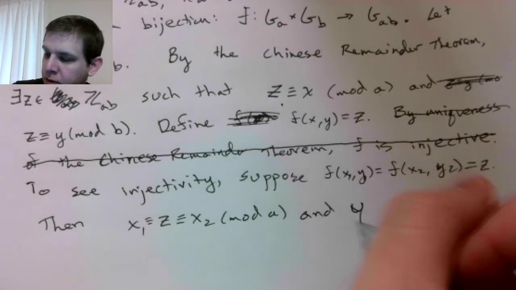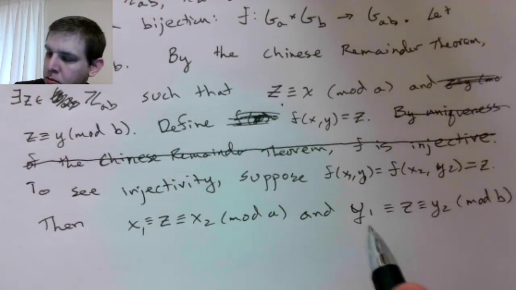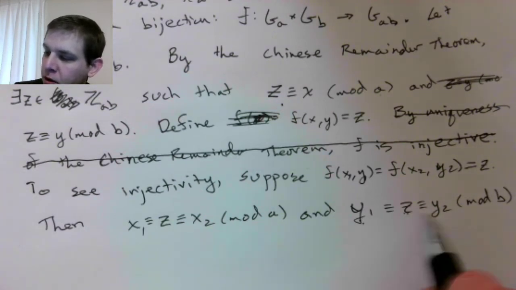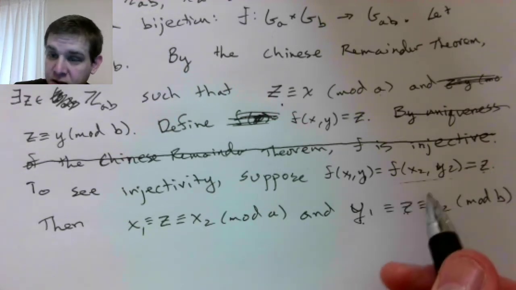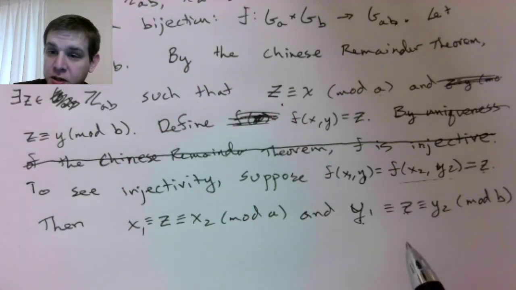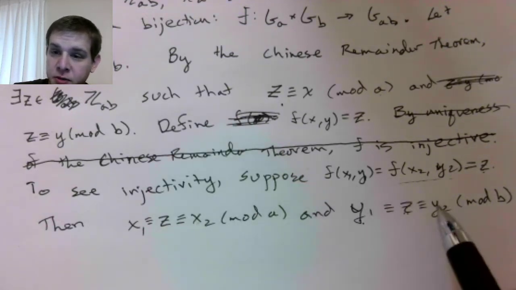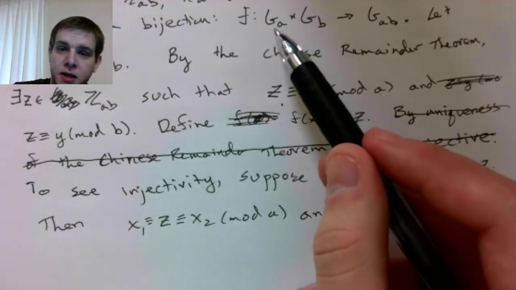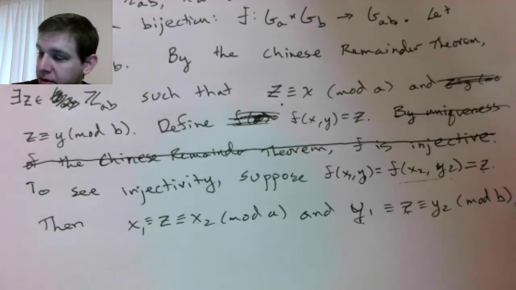And similarly for y1 and y2. z is chosen to be congruent to y1, and also because z was produced from this pair of numbers, it's also congruent to y2. This means that x1 is congruent to x2 and y1 is congruent to y2. So the pair (x, y) represents the same pair in this product. Okay, sorry about that.